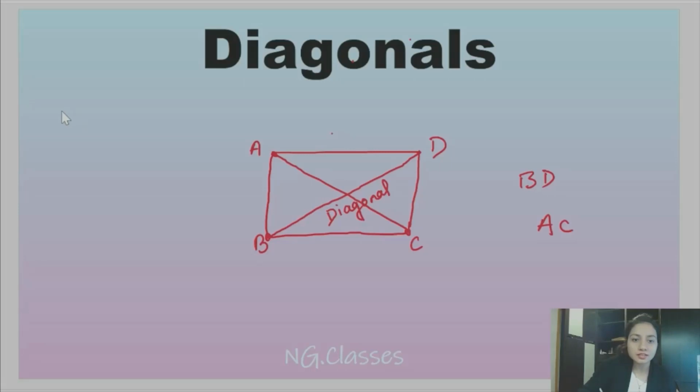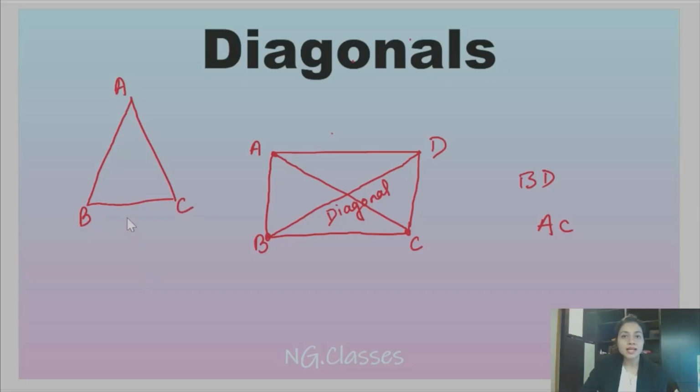Now let's check whether this triangle has a diagonal or not. It's also a polygon, right? A, B, C triangle. What is a diagonal? When we connect two non-consecutive vertices, we get a diagonal.